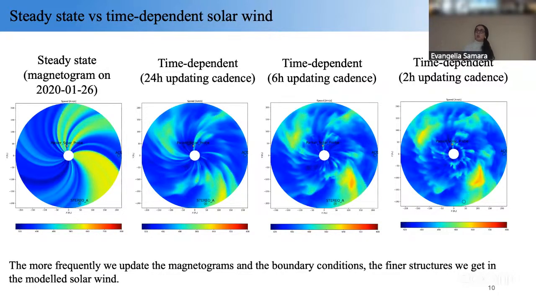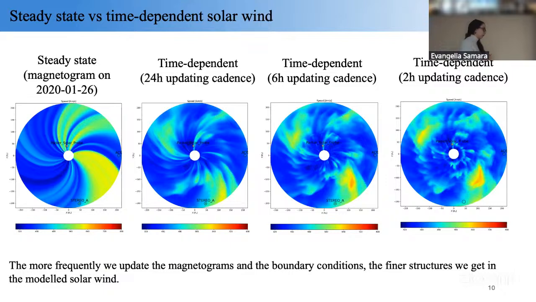However, the second, the third, and the fourth are print screens of the solar wind in the inner heliosphere in the equatorial plane, as we update our magnetograms and thus our boundary conditions every 24 hours, every 6, and every 2 hours. And the very interesting thing to see here is that the more frequently we update the magnetograms, the finer structures we get in the modeled solar wind.